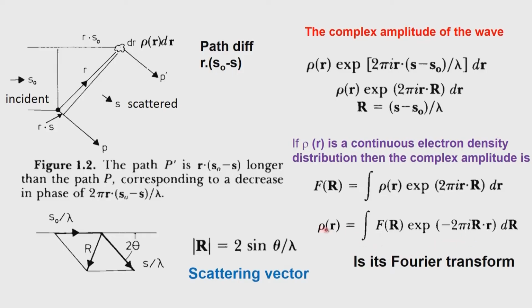So, we must have an idea of how to use these, and everything originates from the fact that we have the scattering coming from the electron density that is associated with the material, in this particular case with the crystal. If there is a large number of atoms inside the crystal, that is one way in which the scattering can come.